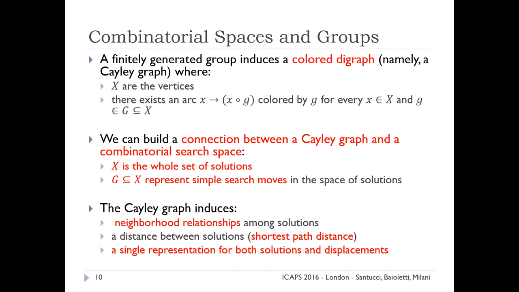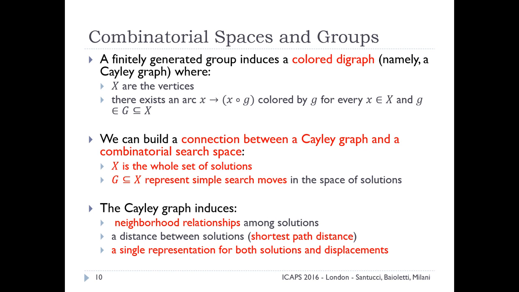Its name is the Cayley graph. In this graph, the vertices are the elements of the group, and there is an arc from X to X product G, where G is a generator, and this arc has a label, a color, that is the generator.